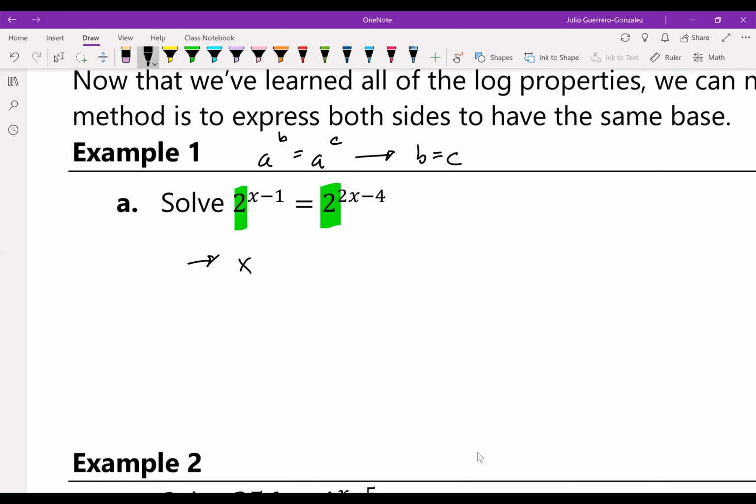That means x minus 1 is equal to 2x minus 4. This becomes an algebra problem, right? So plus 1, minus 2, minus 2x. So you get left with minus x is equal to minus 3. x is equal to 3. We are done.